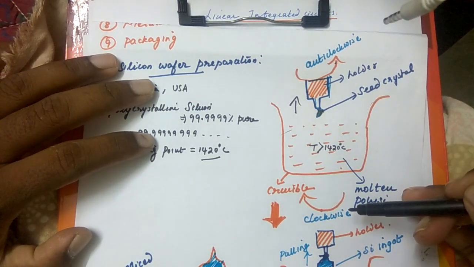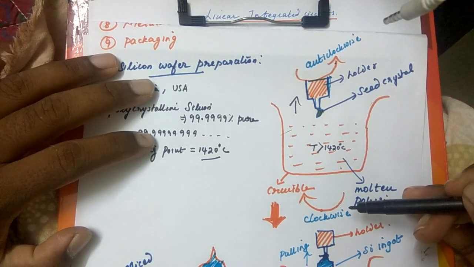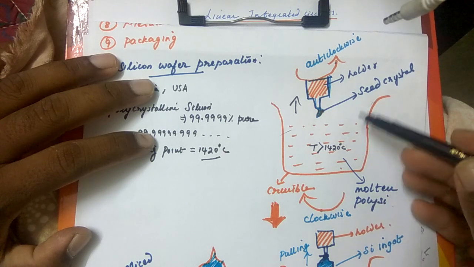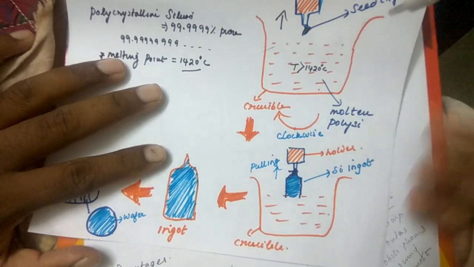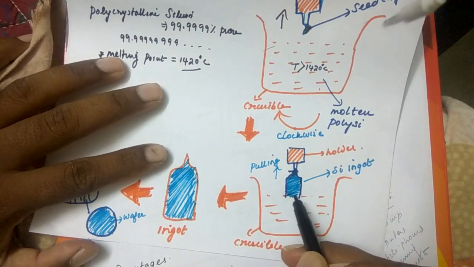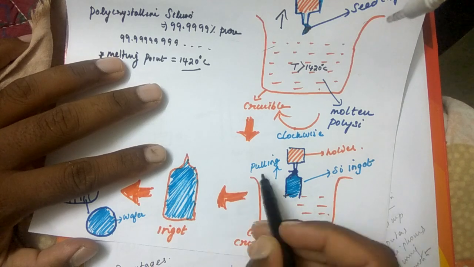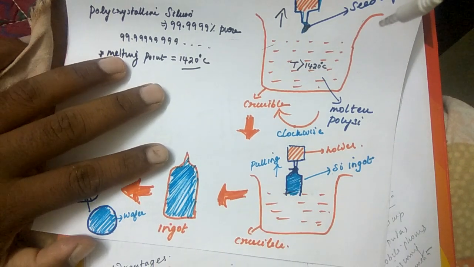They are rotated at a certain speed. The rate at which these two are rotated decides the size of the cylindrical wafer that is obtained by this pulling.